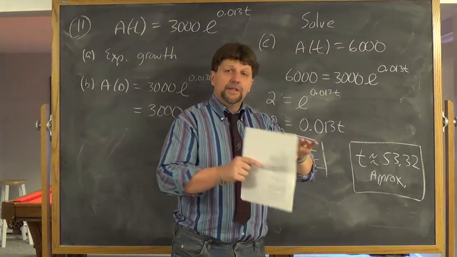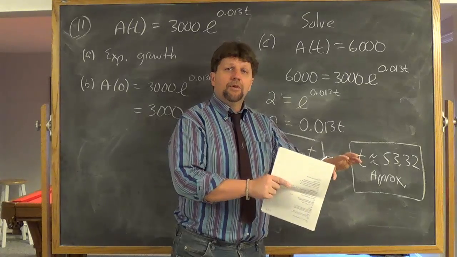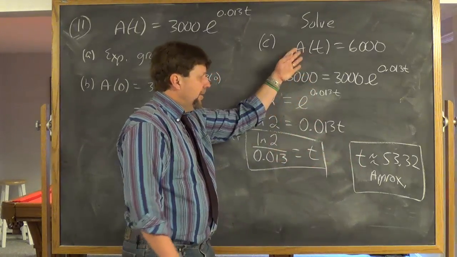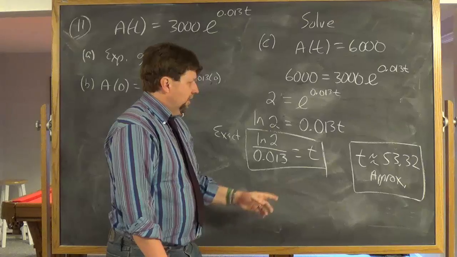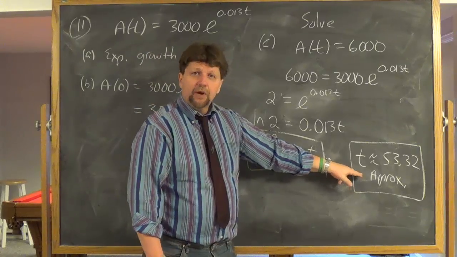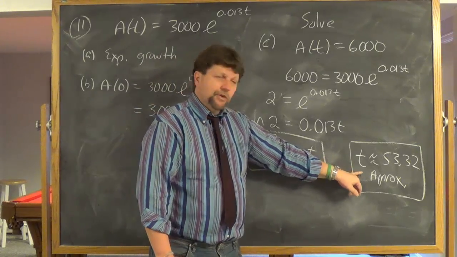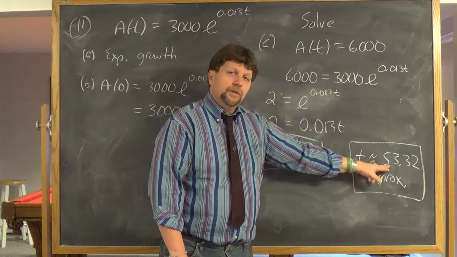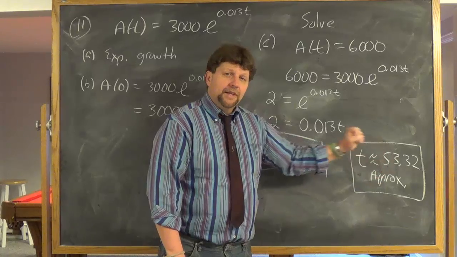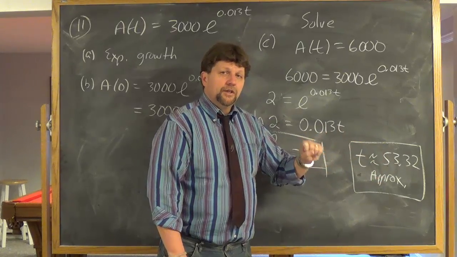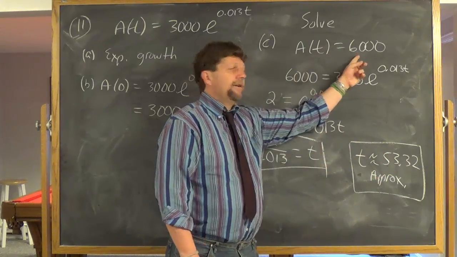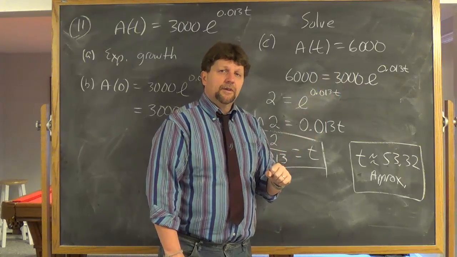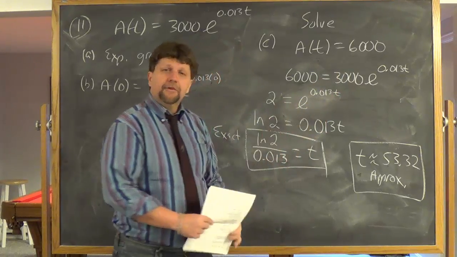Or in other words, how long will it take your $3,000 to double to $6,000? And when we solve that equation, we have this as an approximate answer. It's going to take approximately 53.32 years for that $3,000 to grow to a value of $6,000. And that's it for part D.